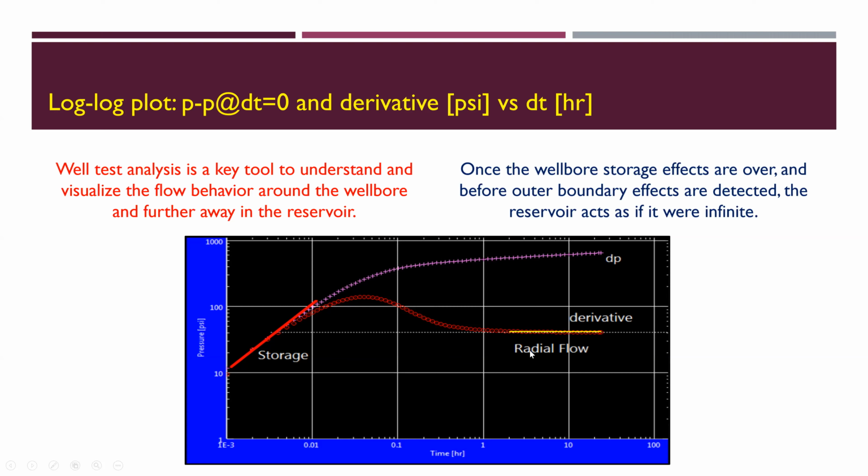And from this radial flow, this is the only flow regime that we can estimate KH from. After that, skin. So the evaluation process is always the standard process for well test interpretation, like that.